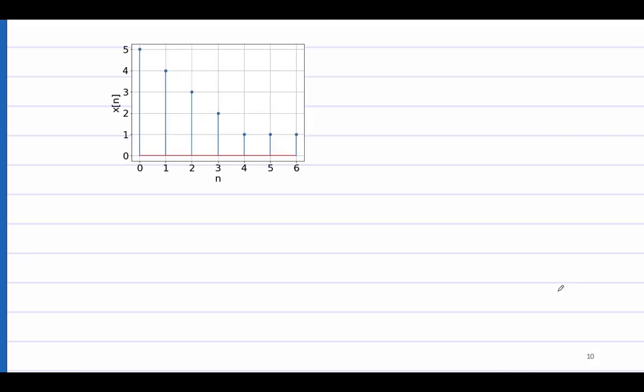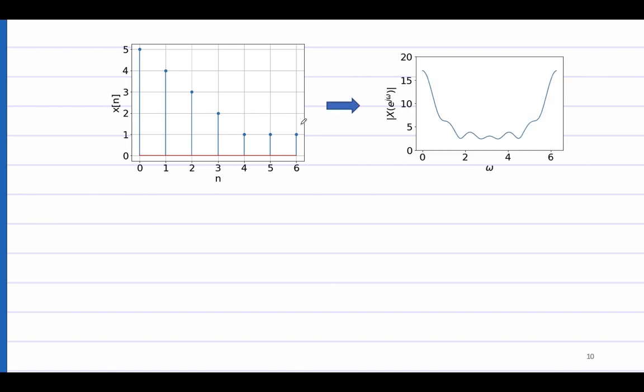So let's draw it. So my xn was something like this, right? 5, 4, 3, 2, 1 and 1, 1, 1. And when I take the x e to the power j omega, it will look something like this. I have used Python programming to plot it and to compute it, but it will look something like this.